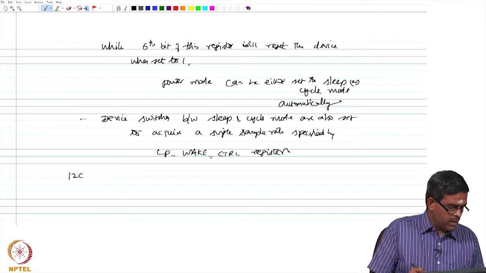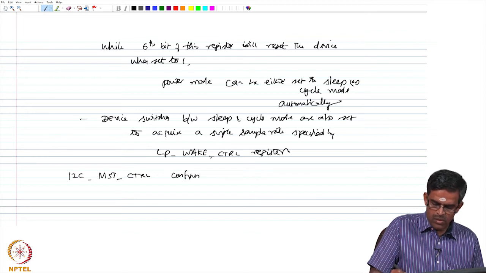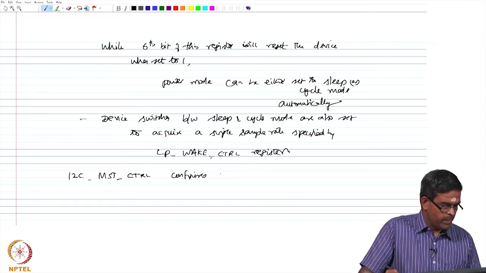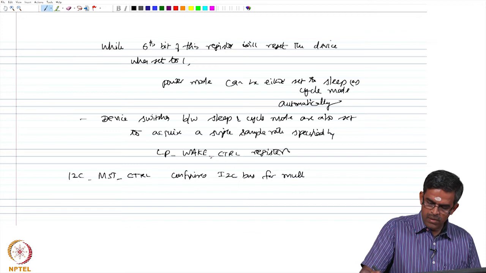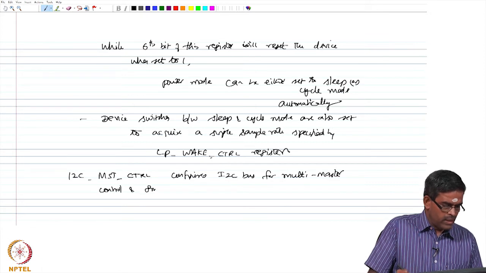The I2C MST control configures the I2C bus for the multi master control and 8 megahertz internal clock.